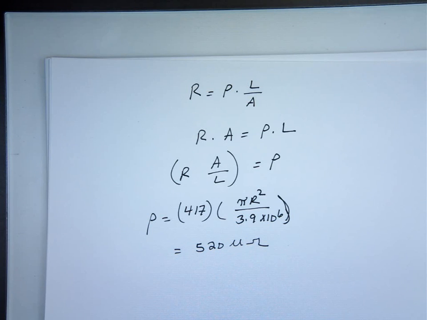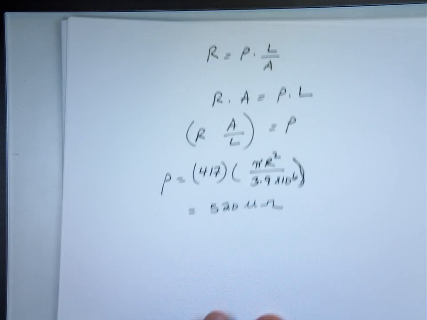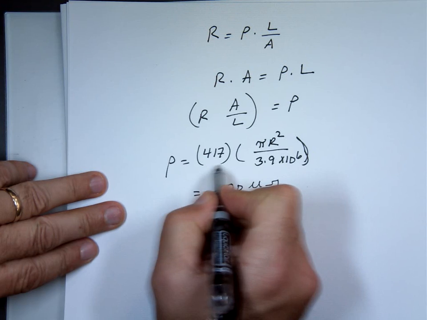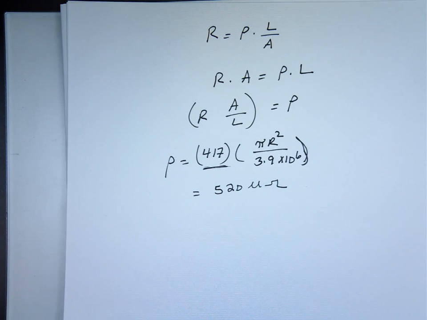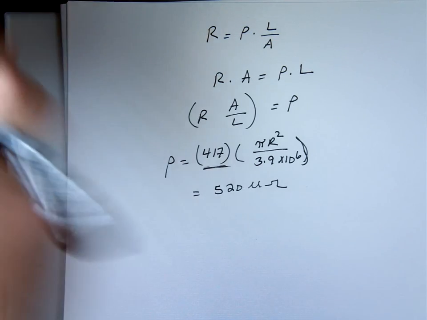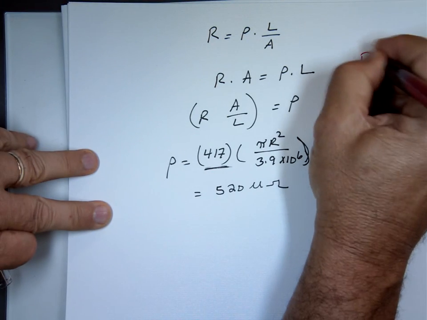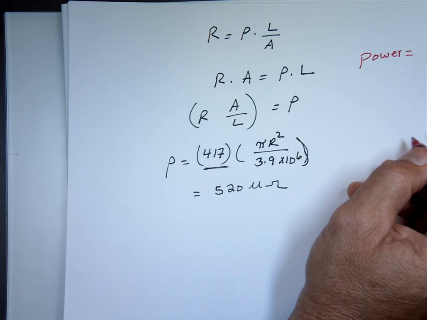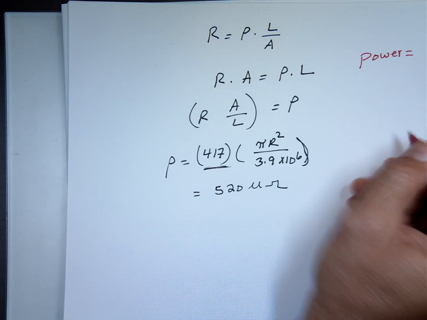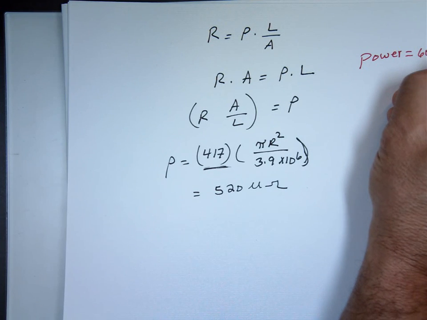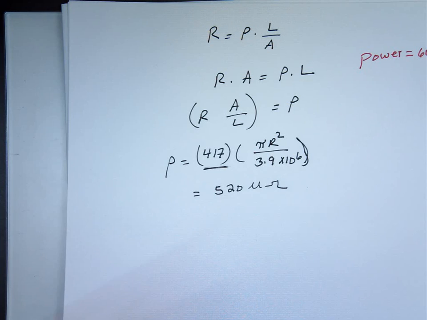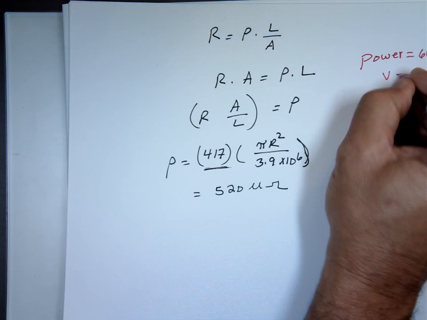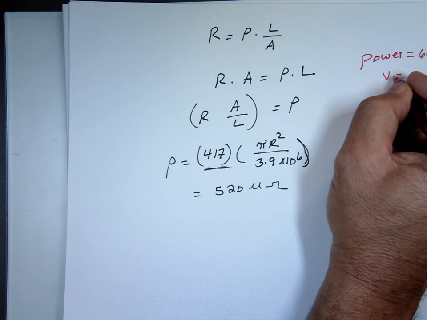You might say, well, how do we know this value? How do we know the 417? Well, they told us what the maximum power is, right? The maximum power for that problem is 600 megawatts, that's 600 times 10 to the 6. And in the problem, they told us the maximum voltage: 500 kilovolts, 500 times 10 to the 3 volts.